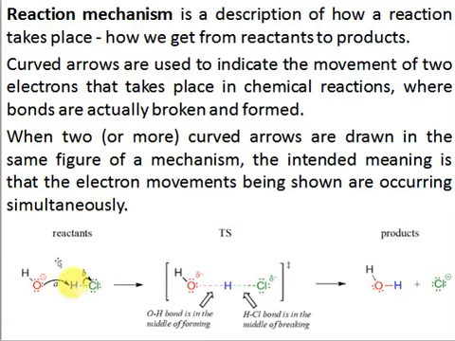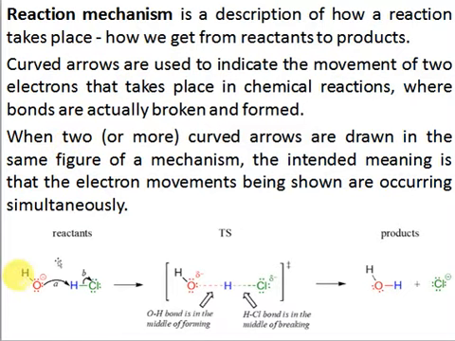It means this bond is being broken and the electrons are shifting onto the chloride ion. So we'll get a chloride ion here by the breakage of this bond, and we are forming a bond between oxygen and hydrogen, right? In this way the mechanism indicates where the point of actual bond formation is and where the point of actual bond breakage is, right?